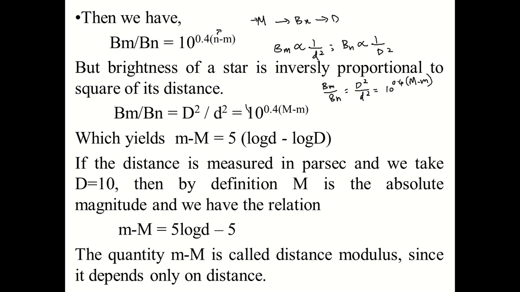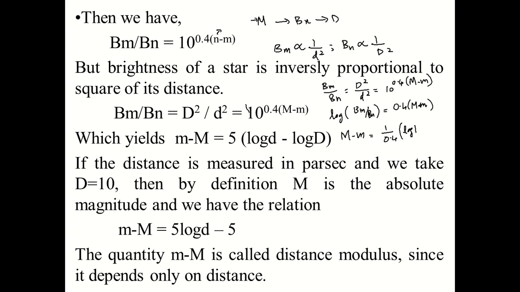So if you take log on both sides, you will get log Bm by Bn equal to 0.4 into (m minus M). So m minus M will be equal to 1 by 0.4 into log Bm by Bn, since log a by b is log a minus log b.